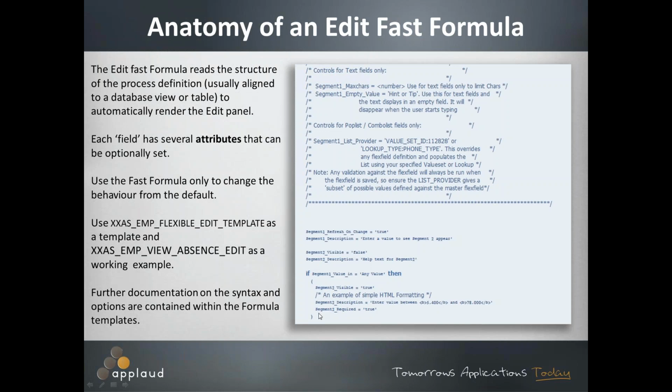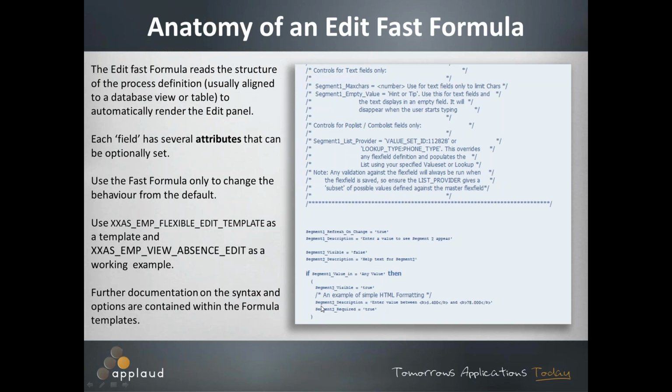Okay, here's another one. Segment 2 required is true. That can be true or false. That just means that segment 2, in this case, is a mandatory field. So basically each field that's available to enter has a set of attributes: visible, description, required, value, list provider, which is the value set, max chars, how many characters you can enter, that sort of thing.